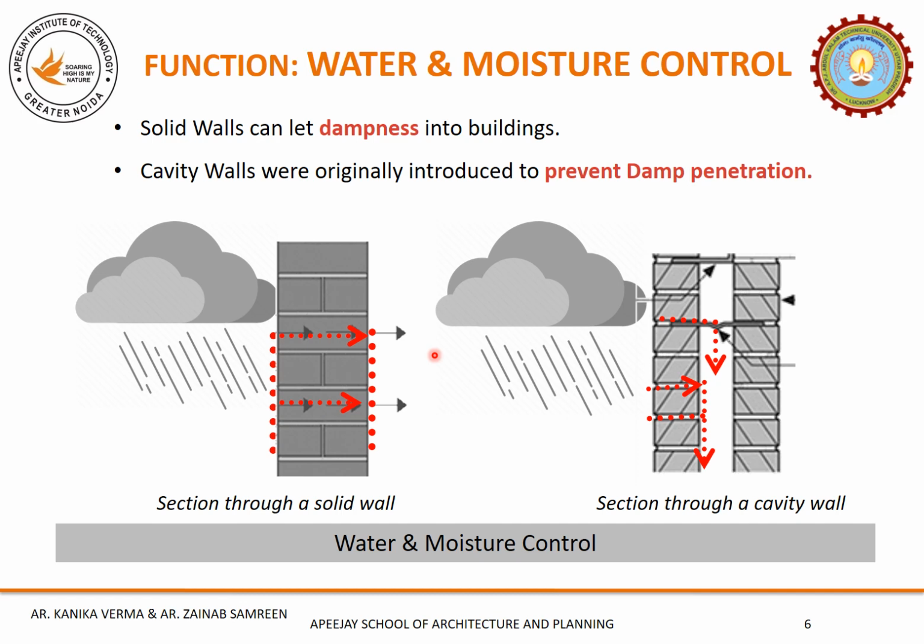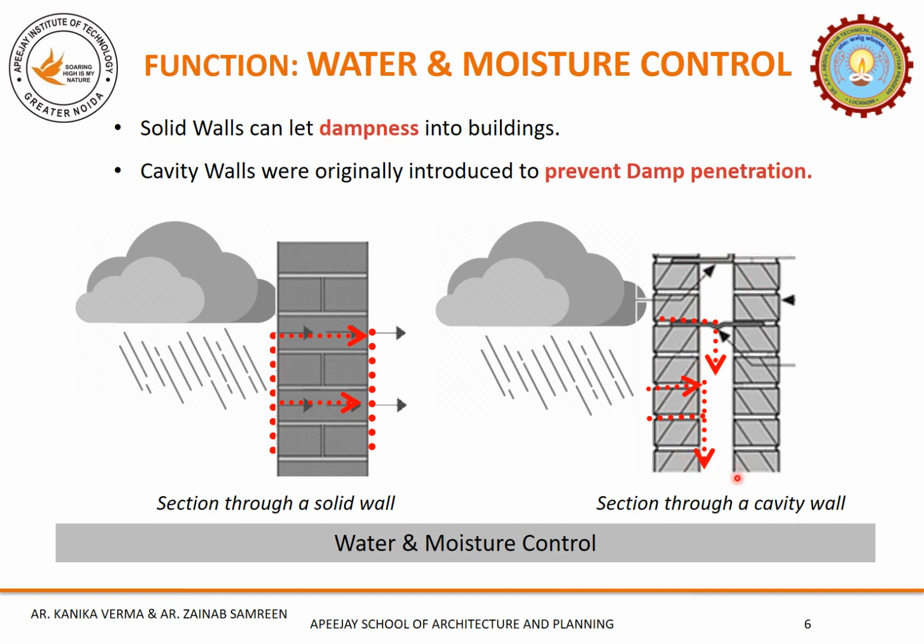But when you see the other section, here is a section of a cavity wall, right? So when it rains, the water falls on this surface of the wall, and from here it tries to reach the interior of the wall, but it finds a hindrance in its way, because here is a cavity.